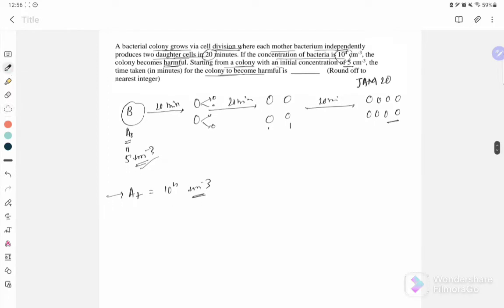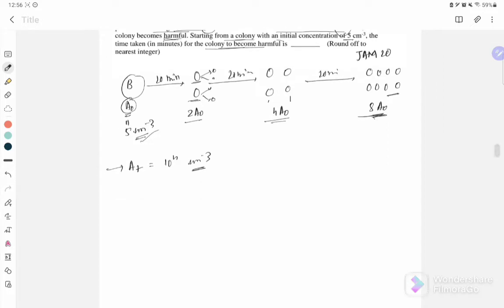So if it is A0, we get 2A0 after 20 minutes. After another 20 minutes, that is 4A0, then 8A0. So we'll get a general formula.